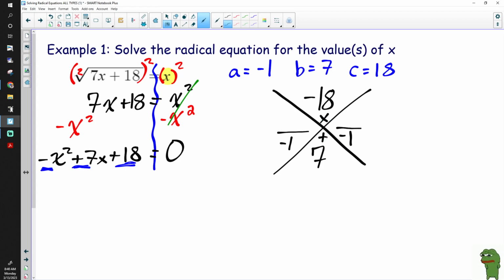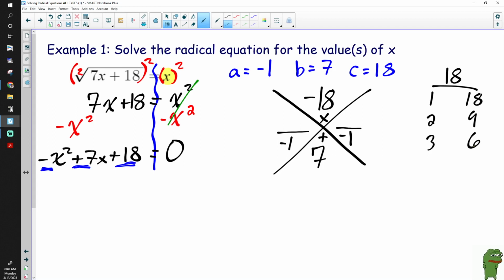So if you go take a look at your factor sheet and you go find the number 18, you have 1 and 18, 2 and 9, 3 and 6. Those are all the ways to make 18.